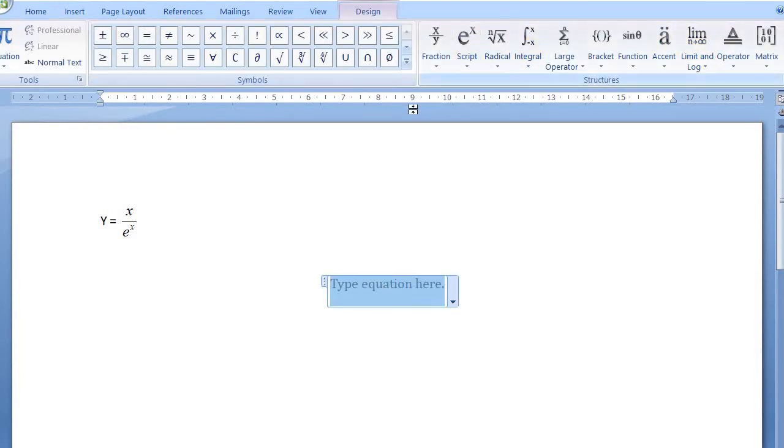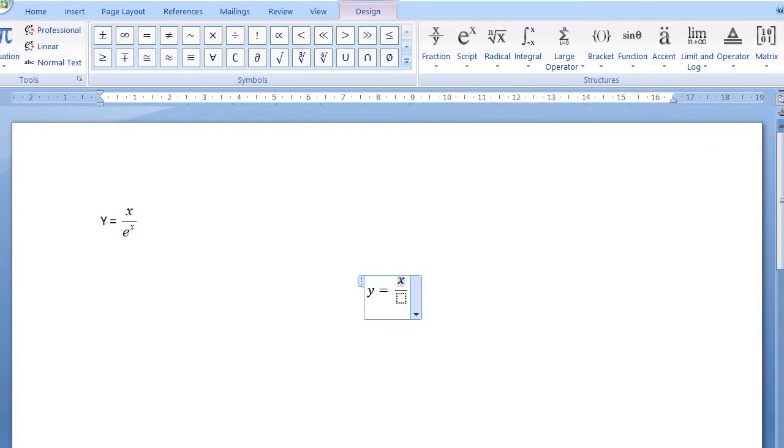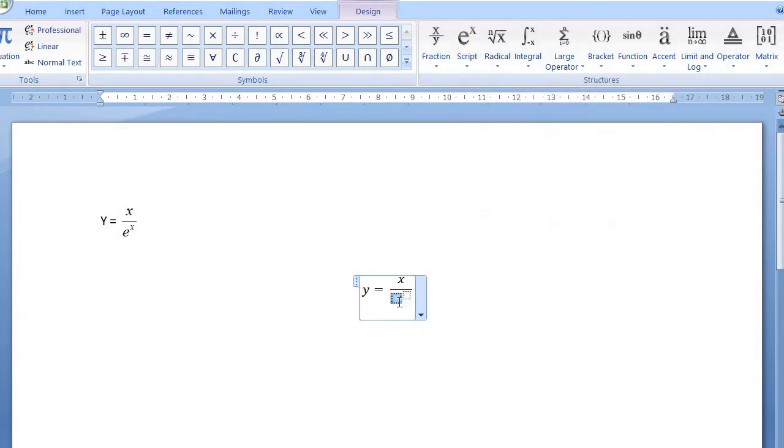Then I just teach you how to type this. Let's say I use y equal to x divide. Here we go, click script, and then choose the first one, exponential power x.